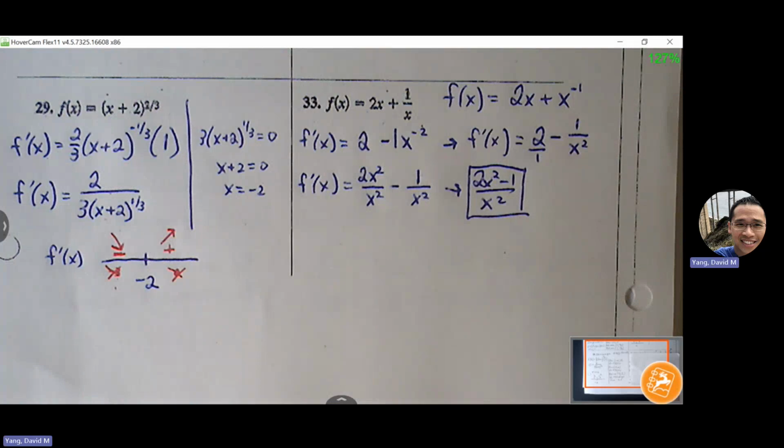Okay, set your numerator equal to 0, set your denominator equal to 0, and place all of those critical points onto your f prime sign line.